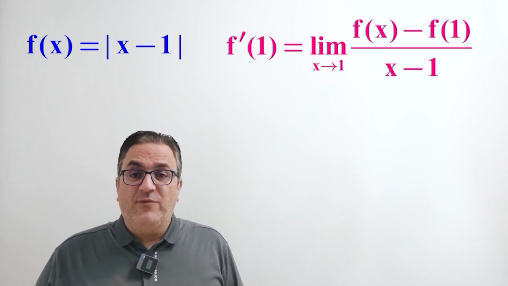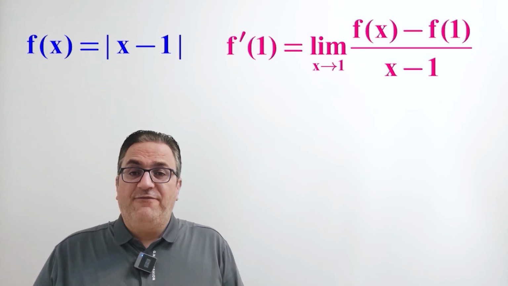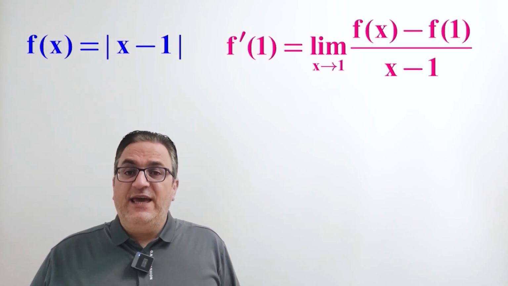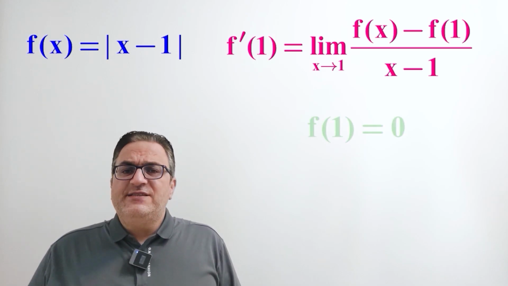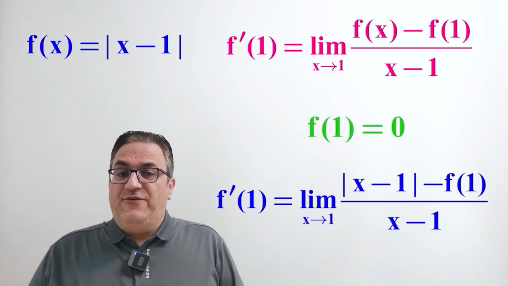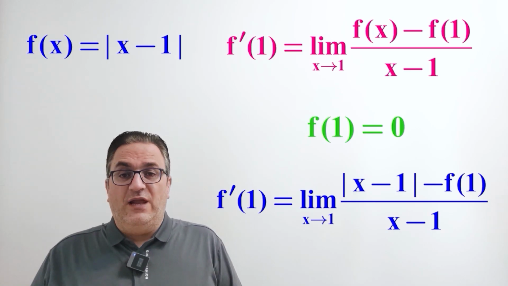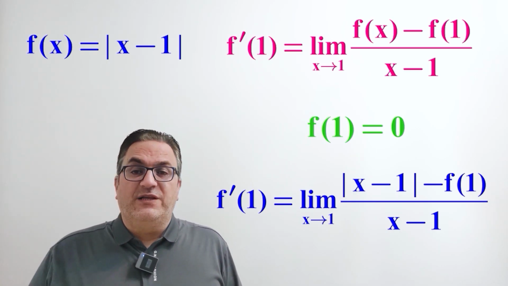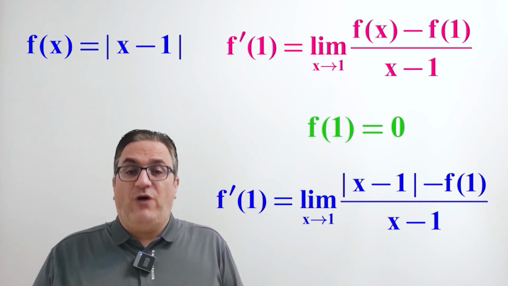Means f prime of 1 equals the limit of (f of x minus f of 1) over (x minus 1) as x approaches 1. Since f of 1 equals 0, it simplifies to f prime of 1 equals the limit of the absolute value of x minus 1 over x minus 1 as x approaches 1.